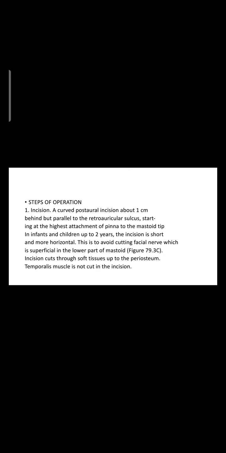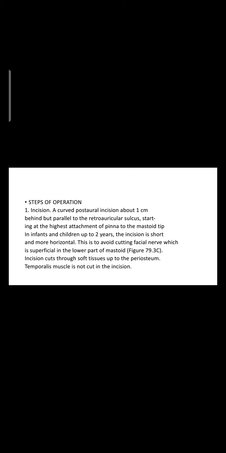Steps: a curved postaural incision, called the postaural incision of Wilde, about 1 centimeter behind but parallel to the retroauricular sulcus, starting at the highest attachment of the pinna to the mastoid tip. In infants and children up to 2 years, the incision is short and more horizontal.